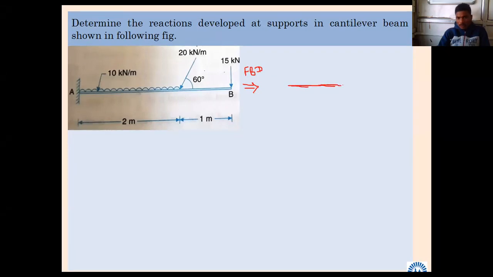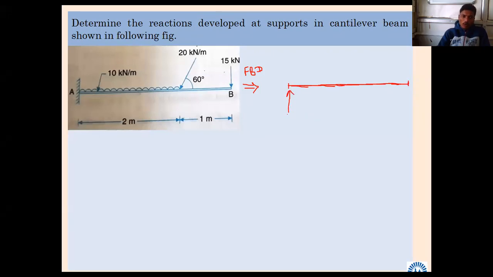So let us draw a FBD. How much is the total length? 3 meter. Point A is known, point B. Whether there will be some reaction at point B? No, sir.